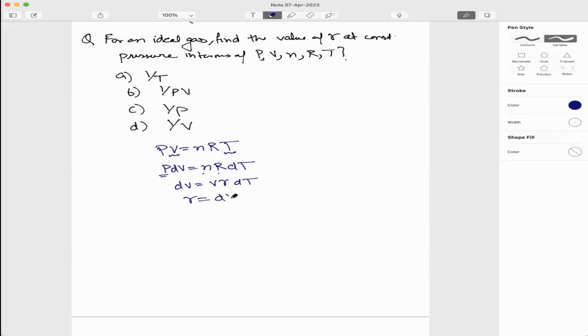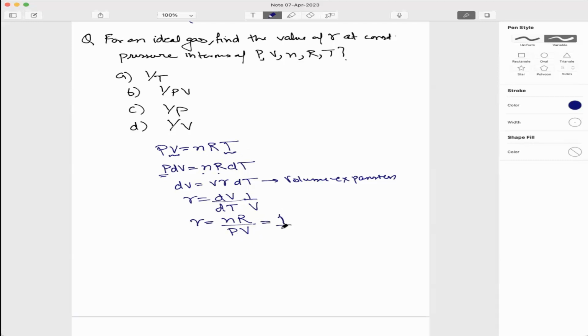So gamma is dV by dT times 1 by V. So dV by dT is nR by P, so gamma is nR by PV, and from here PV is equal to nRT.